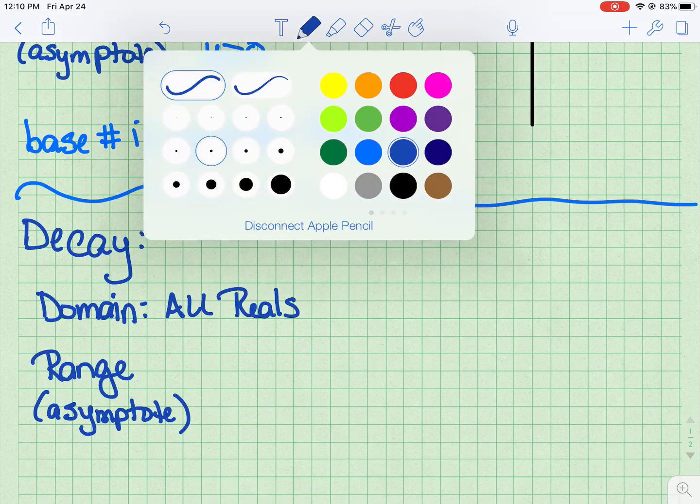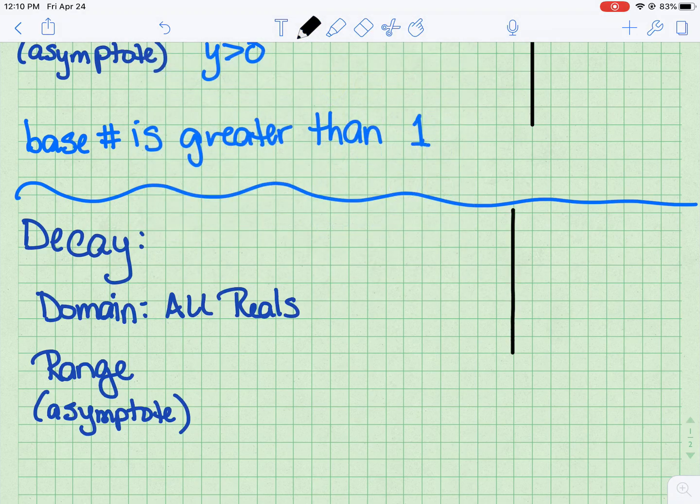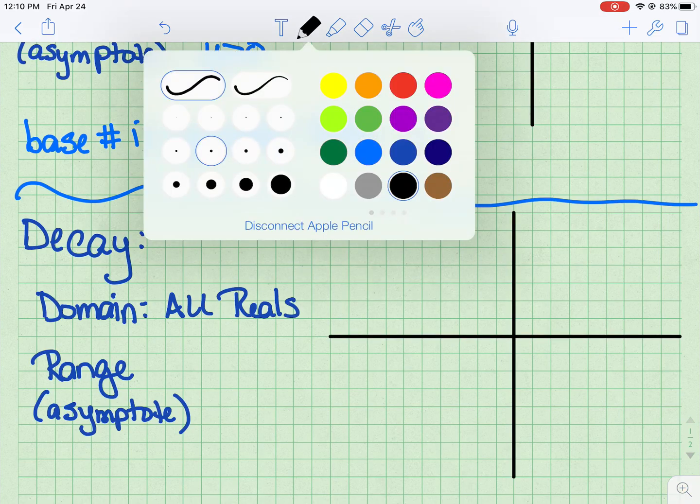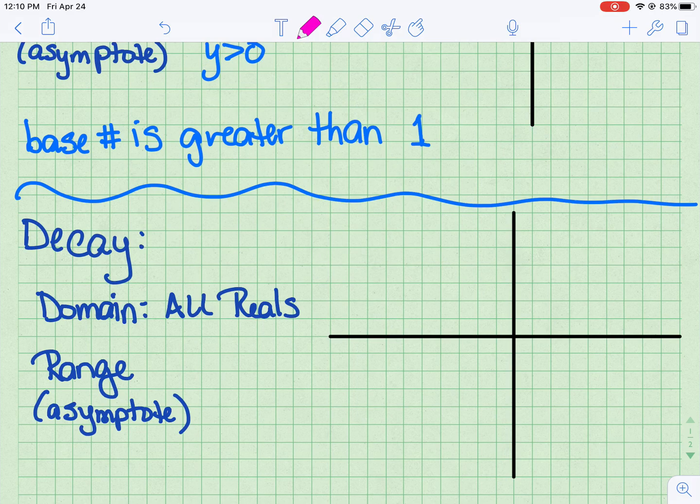The difference in the drawing is that we start out high and we end up low, skimming along something like that.